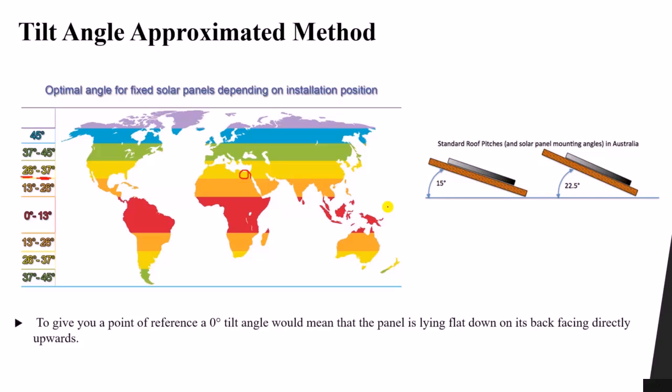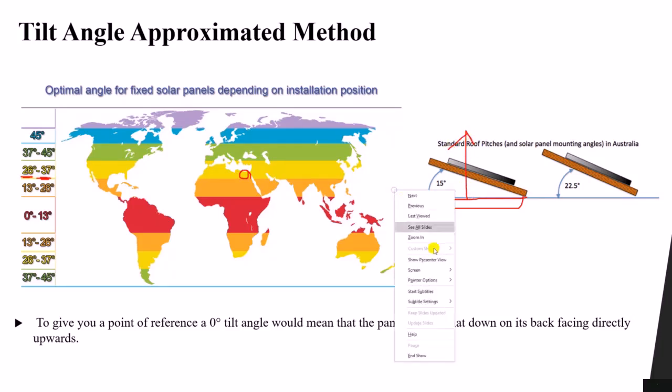Okay, so to give you a point of reference, here you have 15 degrees between the panel and the ground. A 0 tilt angle means that the panel is lying flat on its back, facing directly upwards. So it will be like this, facing upwards.